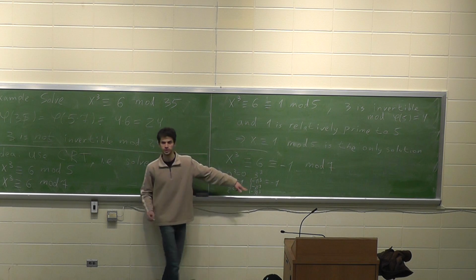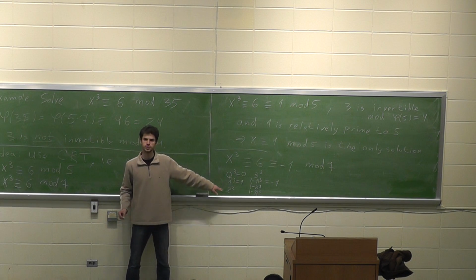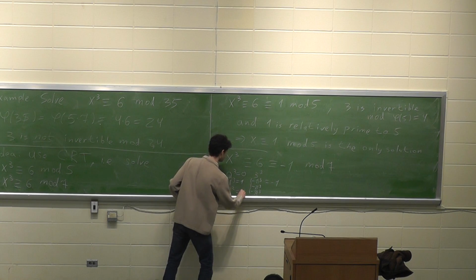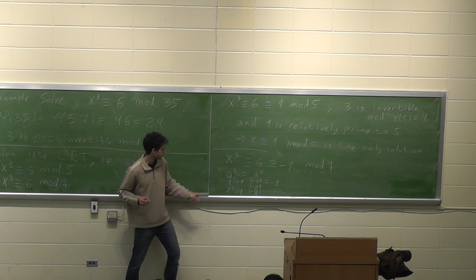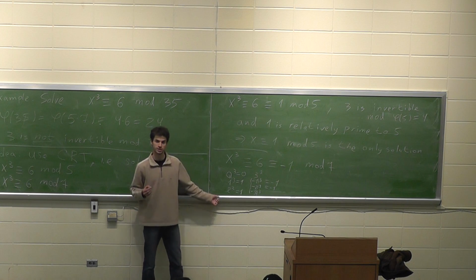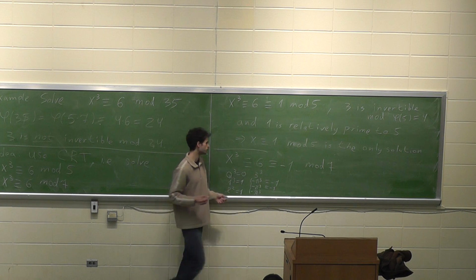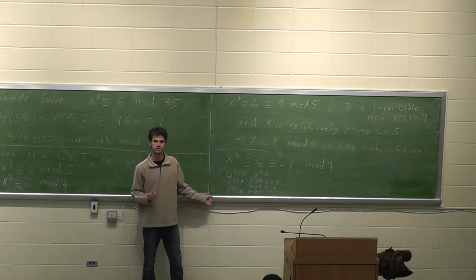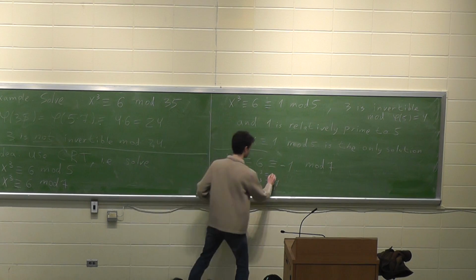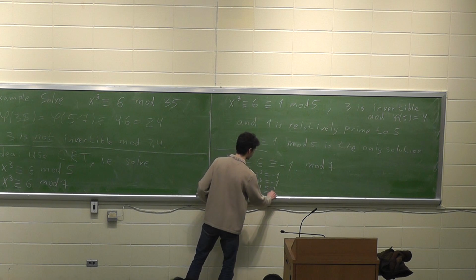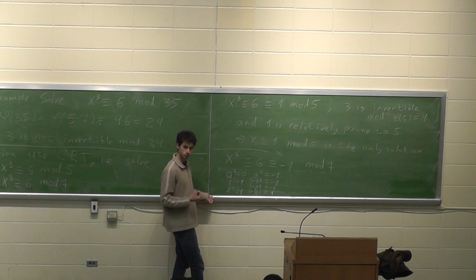So here we have one solution. 2 cubed is 8, which is 1. Not a solution. But -2 cubed is -1. So it is a solution. Finally, 3 cubed, 27 modulo 7 is -1, because 28 is divisible by 7. And -3 cubed is 1.